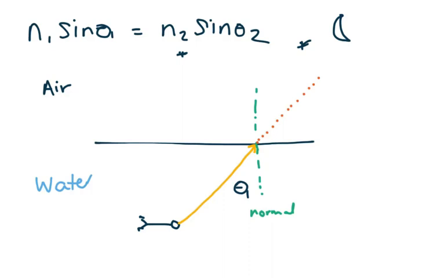But what does it actually do if it goes from something more dense to less dense? The angle would actually increase away from the normal. So what you would get is a refracted ray that goes like this. Pardon that it's not a straight line. And so theta 2 is now all the way across to here. Does everybody see that?